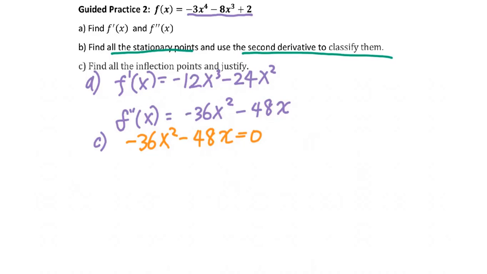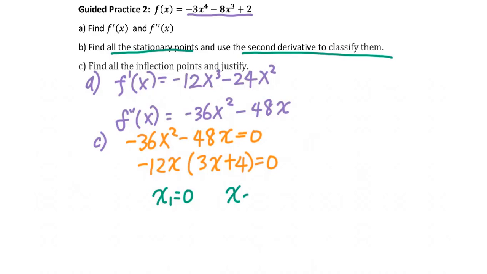You can use a graphing calculator to get the roots directly, but I will show you by factoring to solve this equation. Common factor will be negative 12x. So you will get 3x plus 4 equals 0. Therefore, x1 equals 0. For x2, you will get negative 4 over 3.